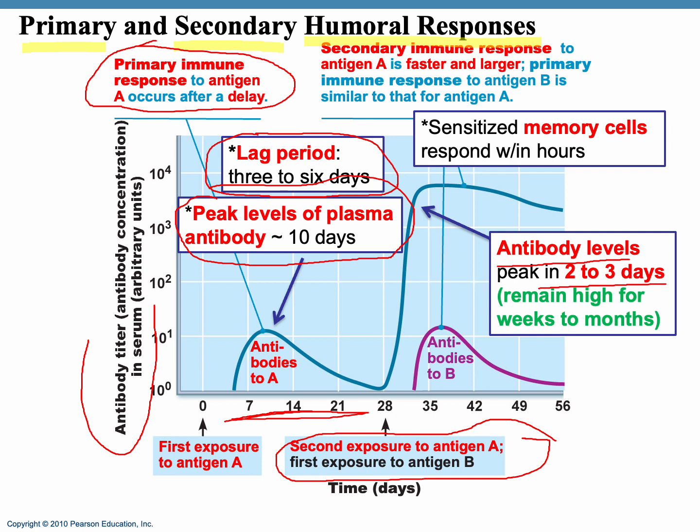So, and these levels can remain high for weeks to even months, and memory cells responding within hours. So significant differences between the primary immune response versus the secondary immune response.